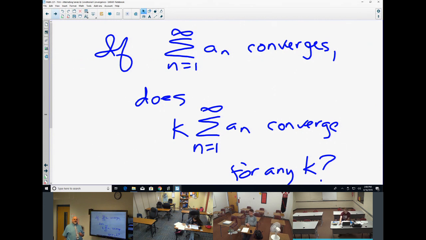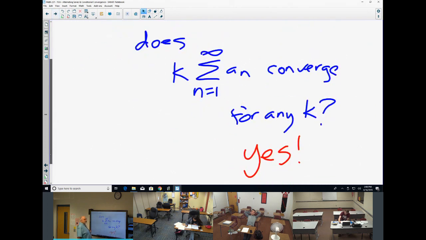Yes, it does. Because if it converges to a number, here you're just multiplying it by a constant, and so it would just converge to a different number, but it would still converge. Okay? So that's going to be important.